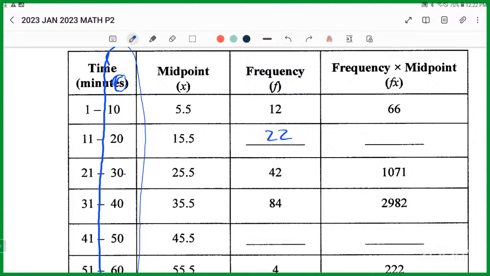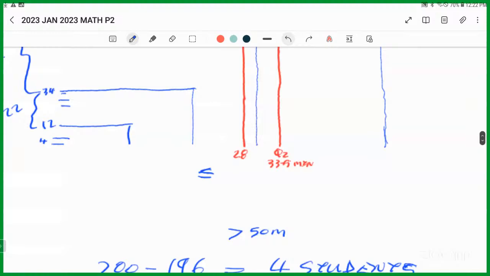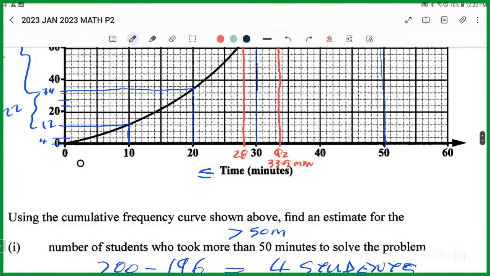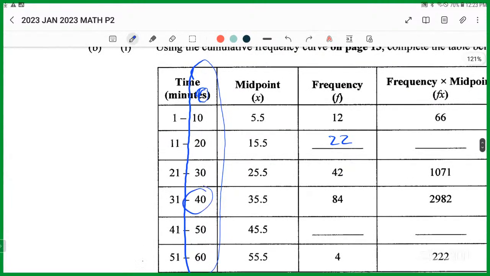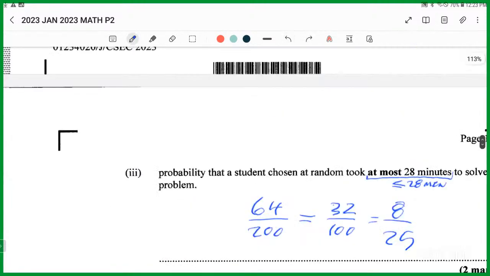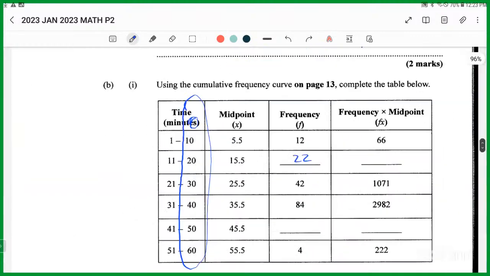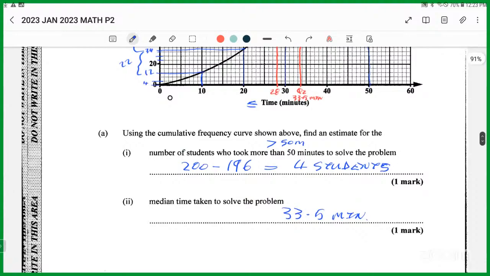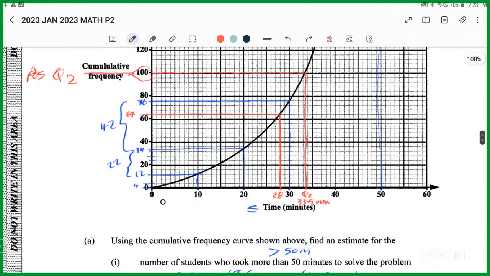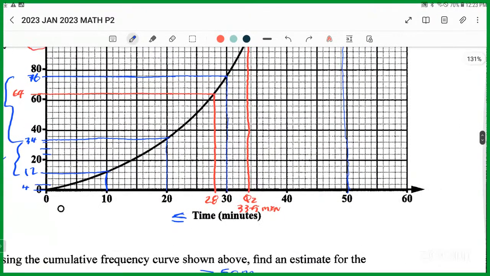Let's do the next one just to prove it. The next group is between 30 and 40. That's less than or equal to 40, right here. I'll take the difference. This is saying it is 84 students up to that interval. So let's go to 40 and see what 40 gives us. I don't need to do this for the question, but I'm just showing you how you can read frequency values from a cumulative frequency curve and see how many students are in the interval.